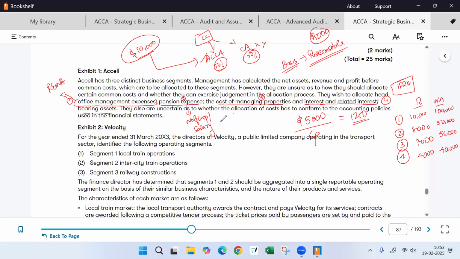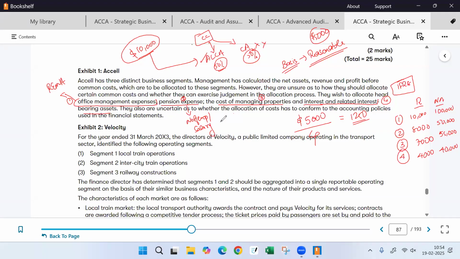So that he can reduce the cost, as well as he wants to develop that particular city. You understand? So depending upon the company and where the properties are situated, you have to identify a reasonable basis. And the reasonable basis can depend upon the organization. You cannot say as a blanket rule that this is the method we have used in one organization, and we will use it across all organizations. It doesn't make sense.